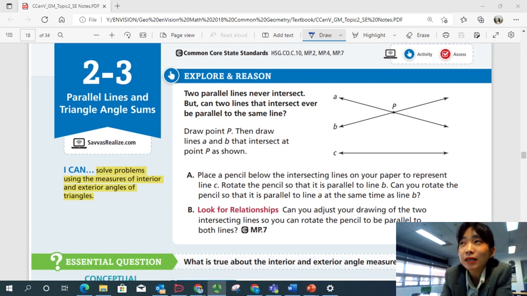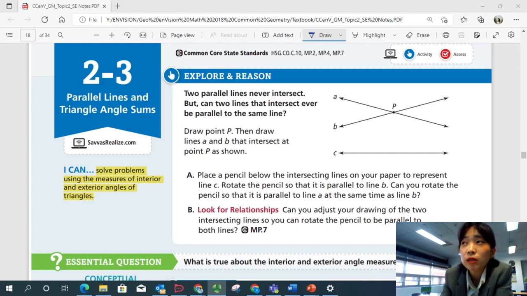Let's draw point P. We're going to draw lines A and B that intersect at point P as shown. So obviously, those two lines intersect at one point, which means they're not parallel by definition. Could there be another third line that is parallel to both of them?